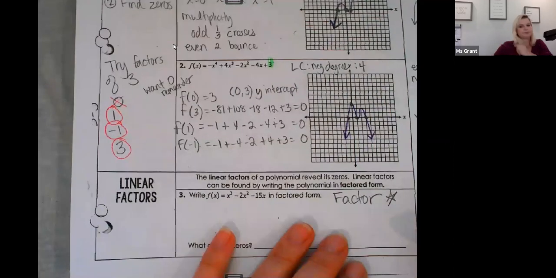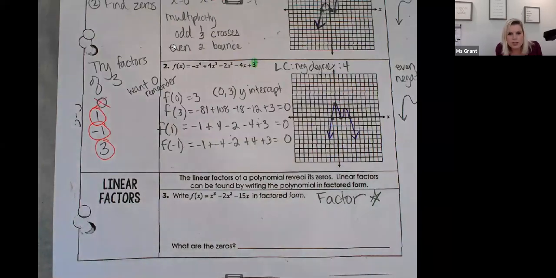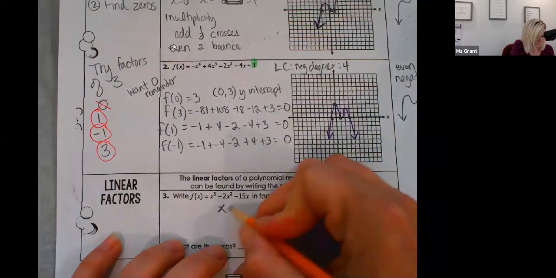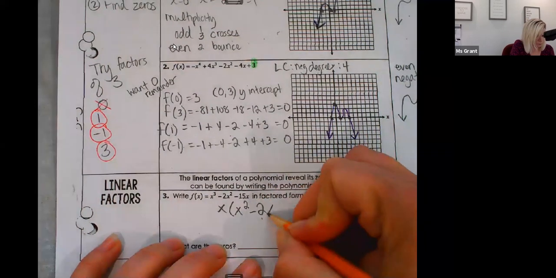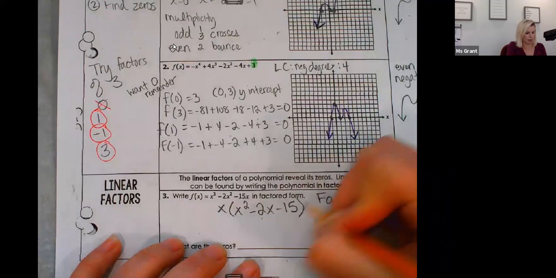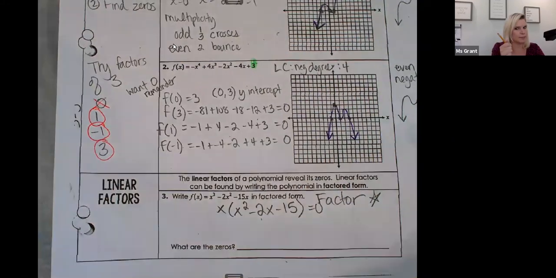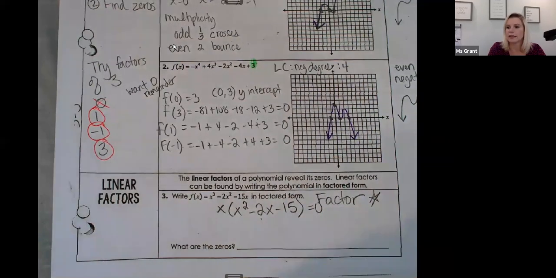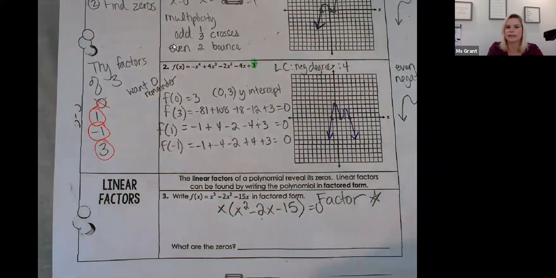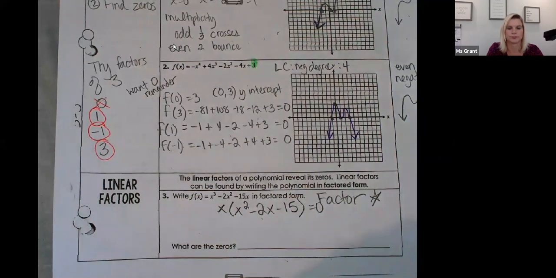Here we go. There's a GCF. The GCF is x. And of course, when I write equals 0, you know that that means that you need to set them all equal to 0 and figure out what my zeros are.